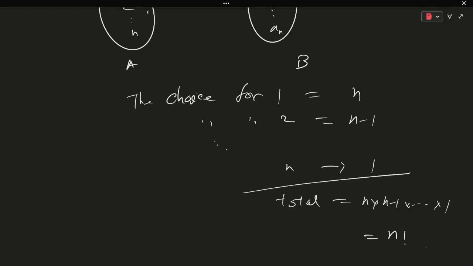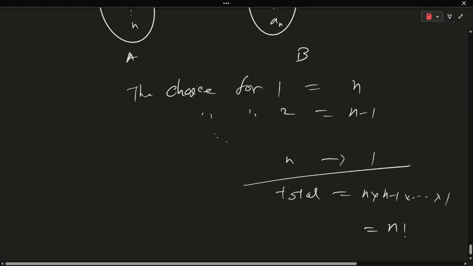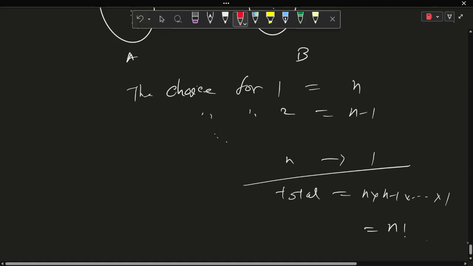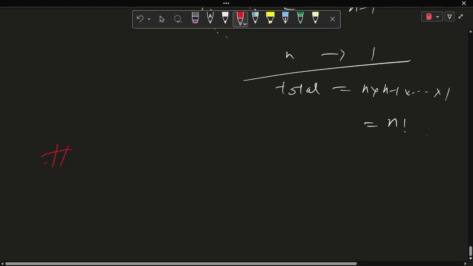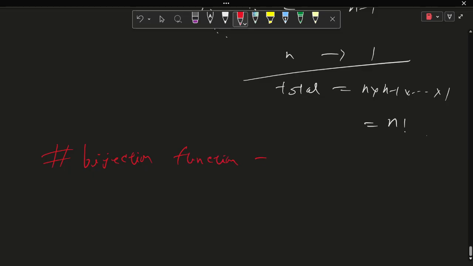So the number of bijection functions is n factorial. This is very important.